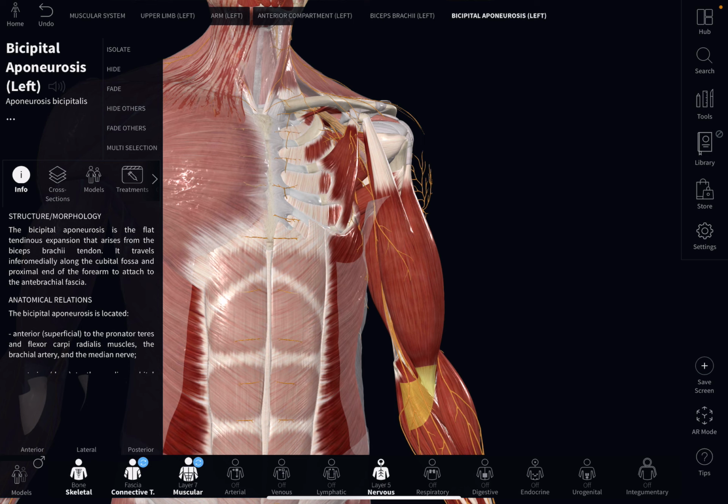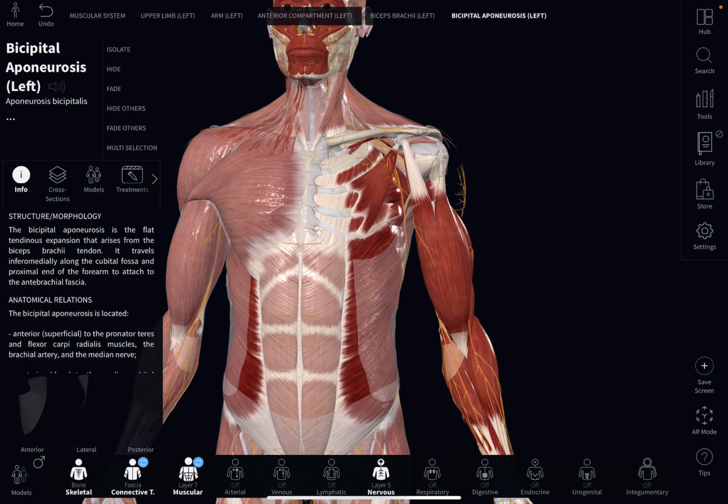Now coming to the actions of the biceps brachii muscle. Okay, this is very important. The biceps brachii muscle is a powerful supinator of the forearm. Even though it is a muscle of front of arm, it is actually a weak flexor of the elbow joint. All right, it also crosses the shoulder joint, so it's a weak flexor of the shoulder.